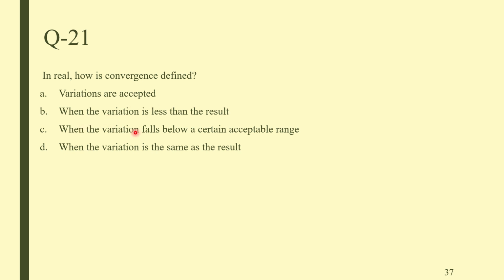Whereas in C, variation falls below a certain acceptable range. This is true, because it should be less than a certain tolerance value for it to be converging. When variation is same as the result, variation should not be same as result, right? What do we mean by variation same as result? It is not making sense. So the answer is option C.